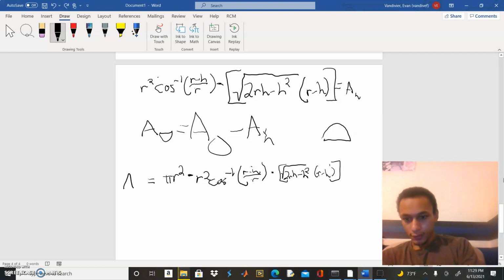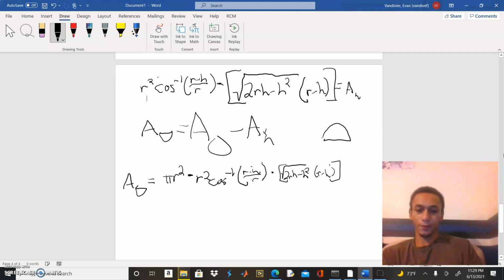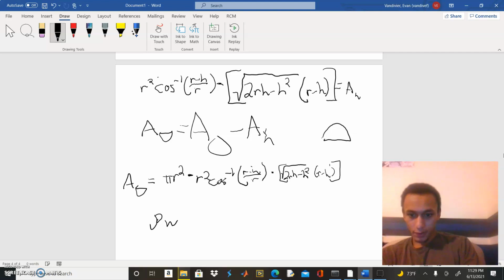So that is the area of the mouth, which is what we wanted from the top. So now we have the density times the cross-sectional area of the water, which in this case is the open mouth, is equal to the density of the log times the area of the log, which is the circle.